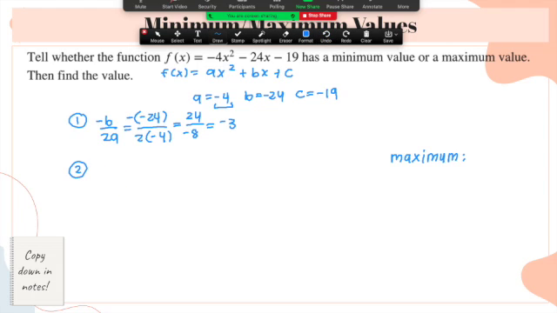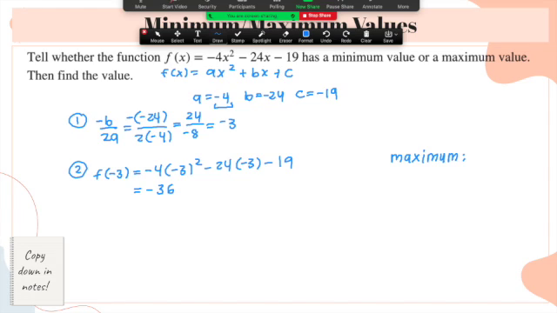the next step is to substitute. So we have here f of negative 3 equals negative 4 times negative 3 to the power 2 minus 24 times negative 3 minus 19, and that equals negative 4 times 9 is negative 36.